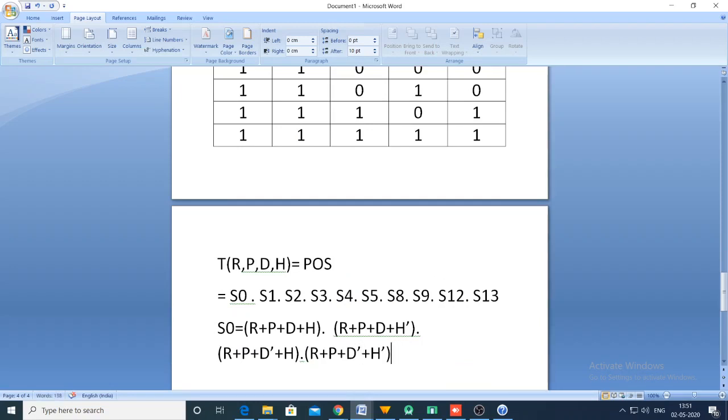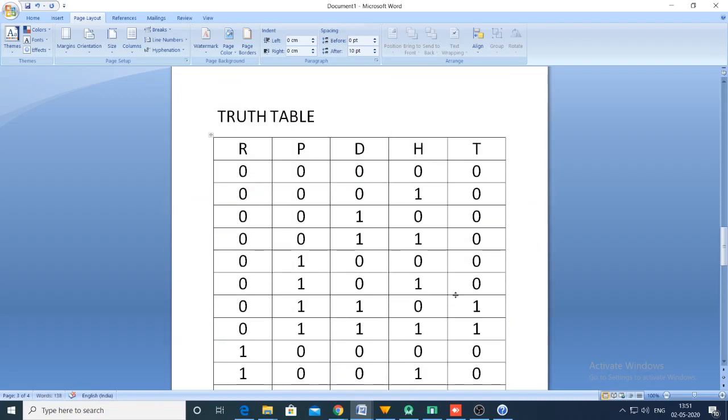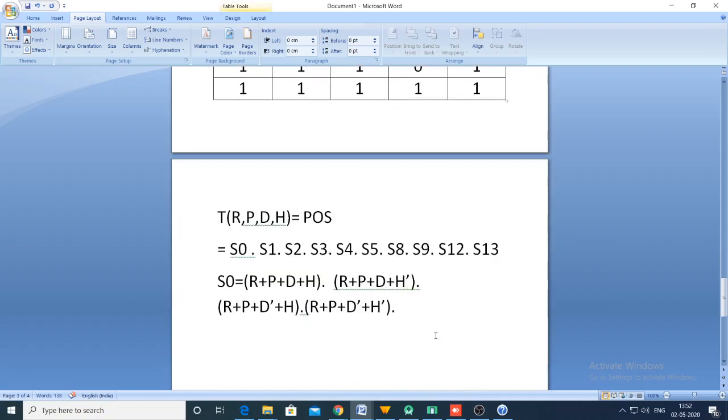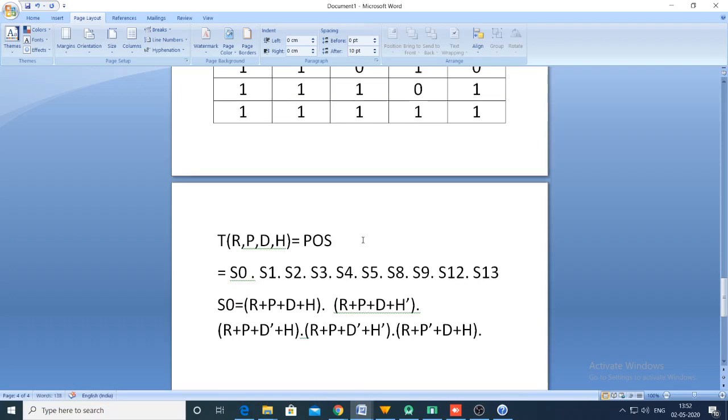Like this way we can make it, then dot, then thereafter the next term is R plus P bar plus D plus H. Okay, the next term, what is that?